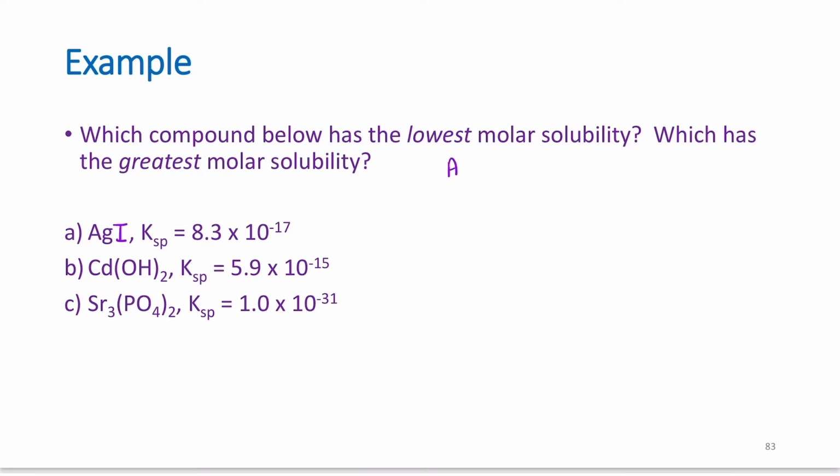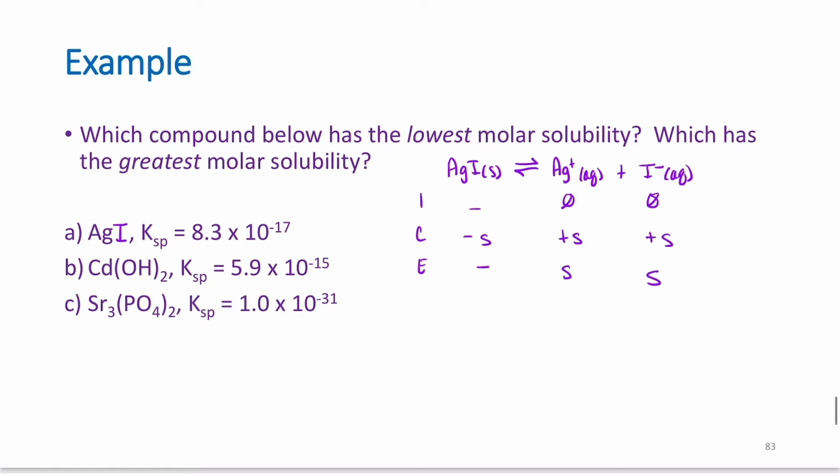So for AgI, silver iodide, we know this will form silver ions and iodide ions. We don't have any silver ions or iodide ions to start. We produce S amount of each one, so at equilibrium we have S for each one.